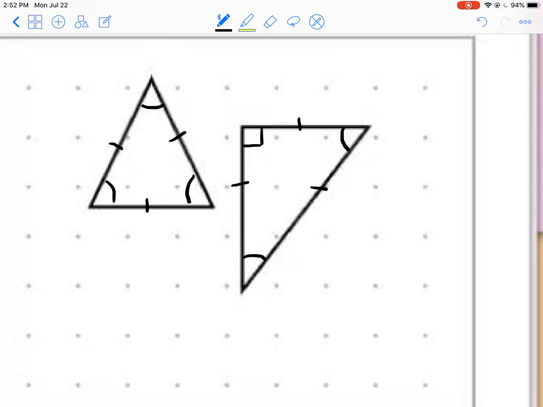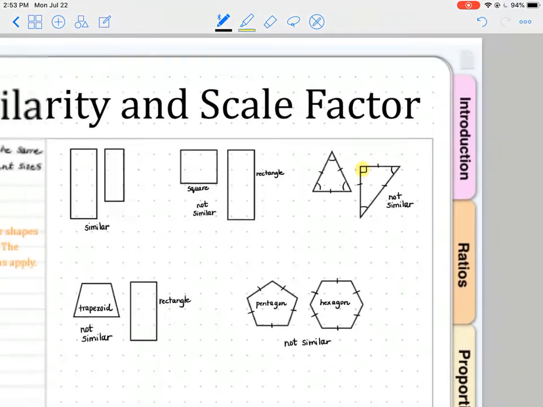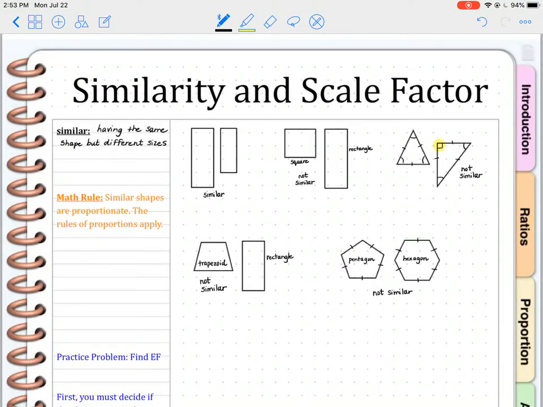So because their angles do not match, they are not similar. That baby is not that mama's. Now they're cousins. They're in the same family. But because of this 90-degree angle right there, they are not similar triangles. So of all those, I only gave you one example that is similar.